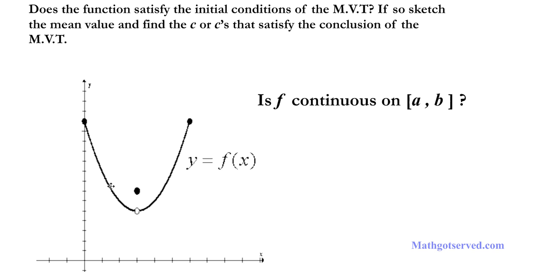So since this graph is not continuous on the closed interval, it does not satisfy the initial conditions of the mean value theorem, which means that there is no C that satisfies the conclusion. Okay?